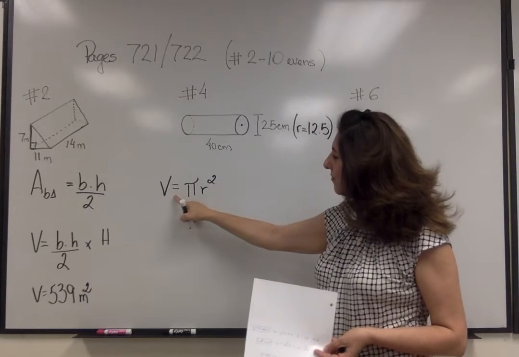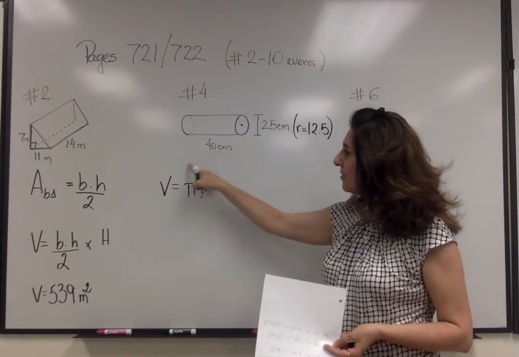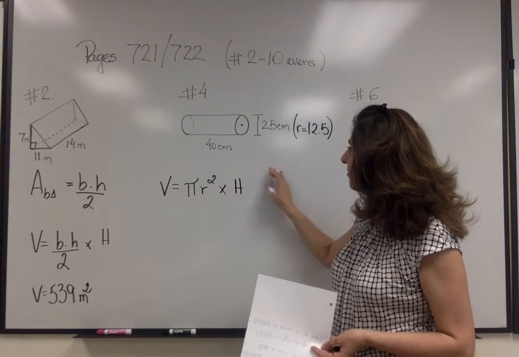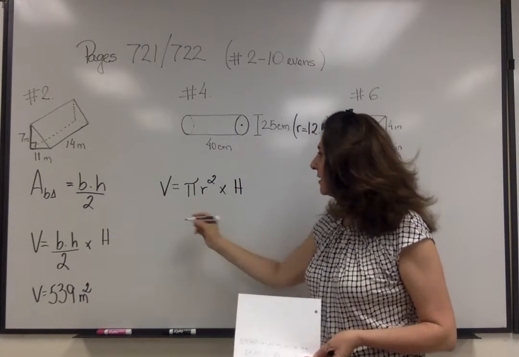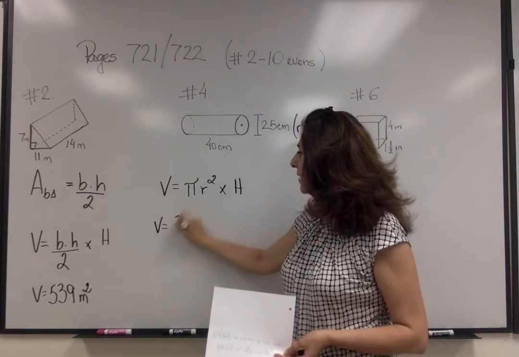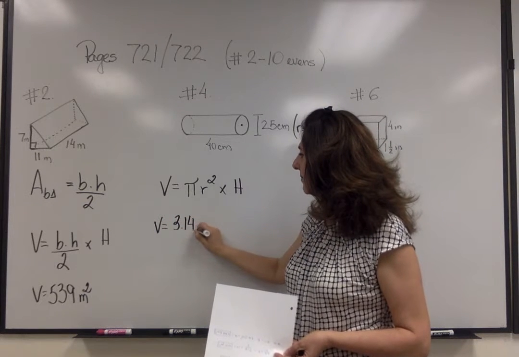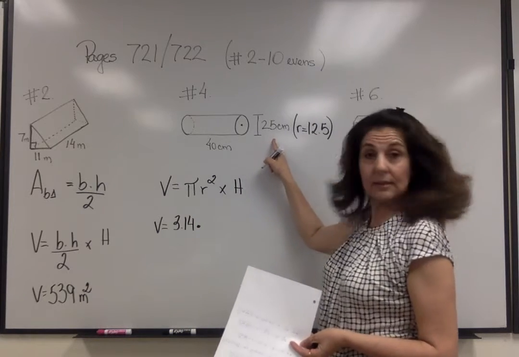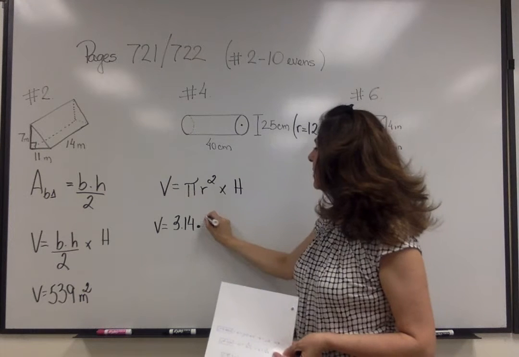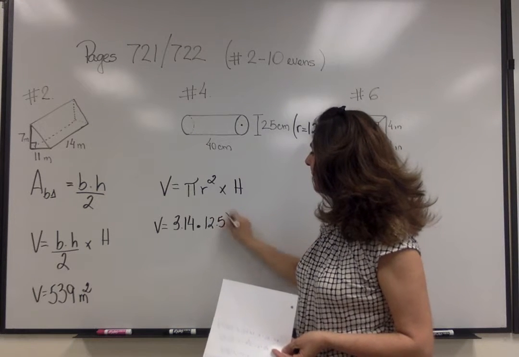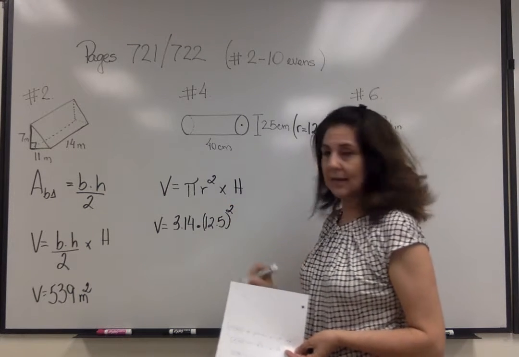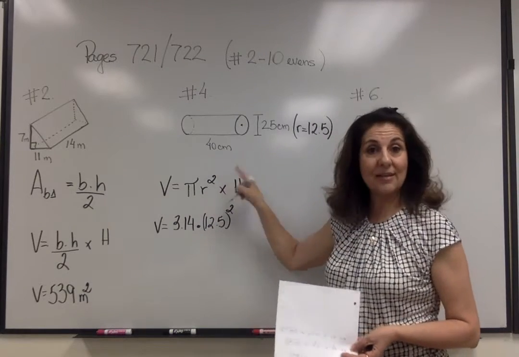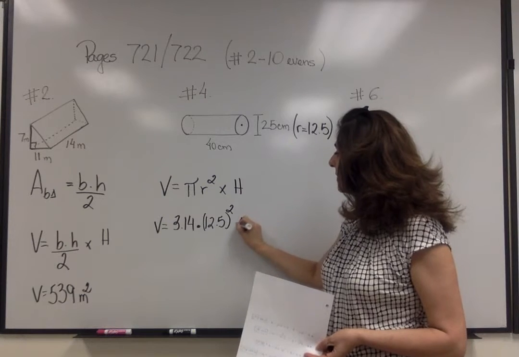So the volume is going to be the area of the circle times the height of our cylinder. So the volume here is what? 3.14 times the radius, and not the diameter, the radius, 12.5 to the second power. Don't forget that only the radius is to the second power, times the height.